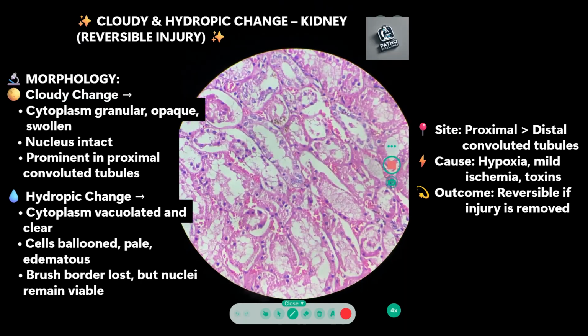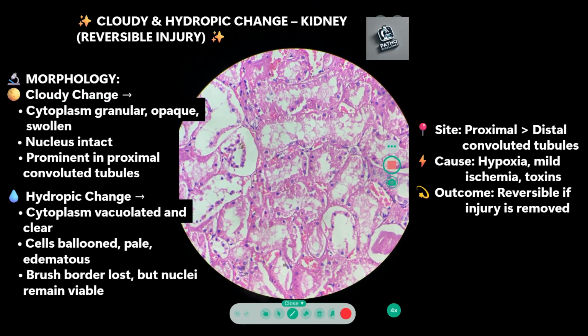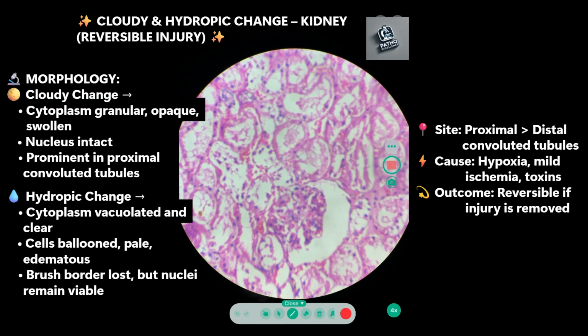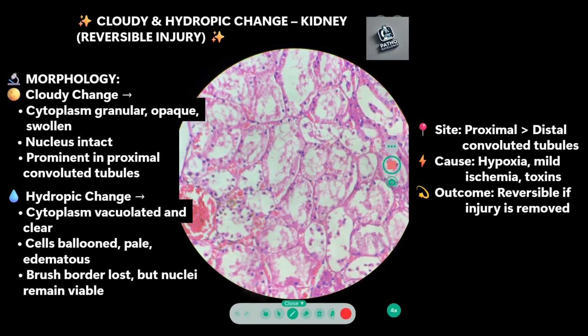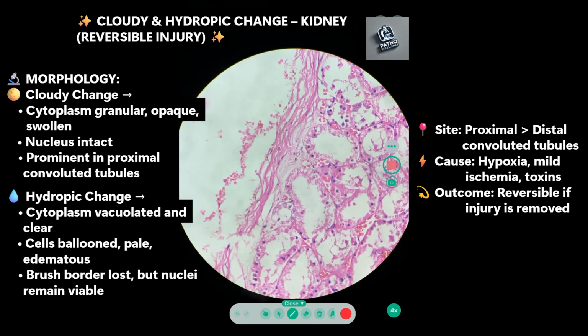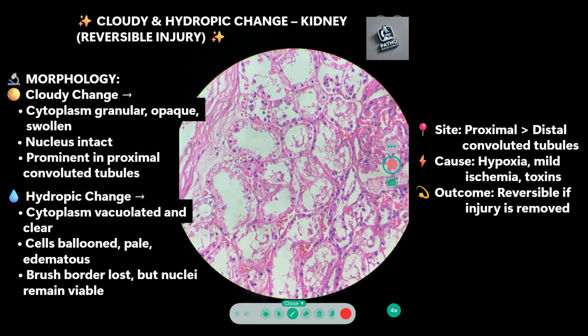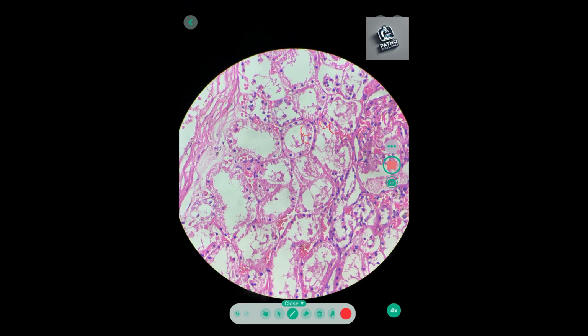So abundant pink cytoplasm is giving appearance of cloudy change, and in hydropic change, see, this is hydropic change where there are clear vacuoles in the cytoplasm of the tubules. So this is how you can appreciate cloudy change and vacuolar change in proximal convoluted tubules.